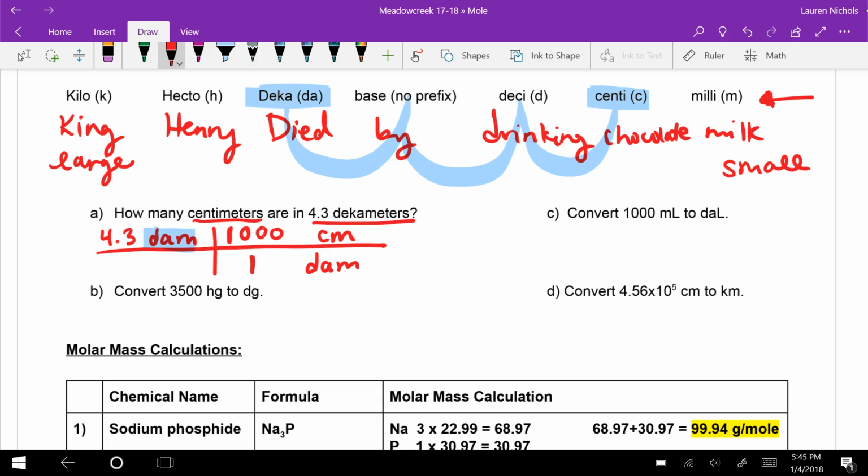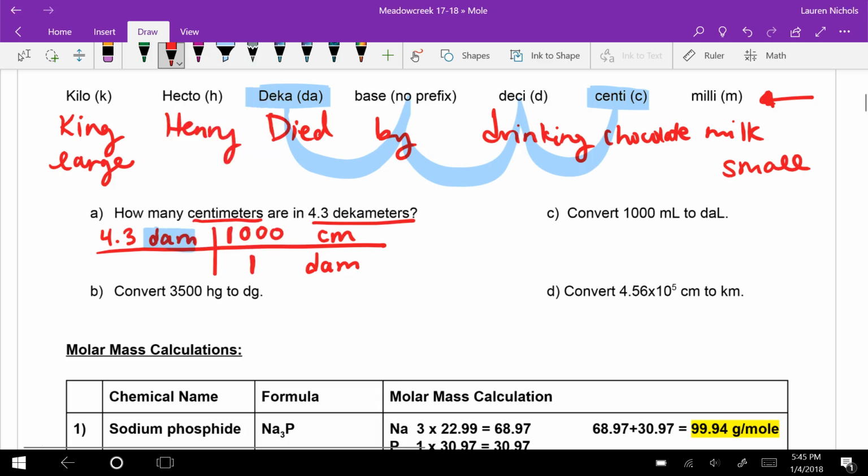And the reason why I chose 3 zeros was because there are 3 spaces between deca and centi. You see, we move from deca to base, that's 1, base to deci, and then deci to centi for 3. So 3 zeros, 3 spaces. And what this tells us is that 1,000 centimeters is equal or the same as 1 decameter.